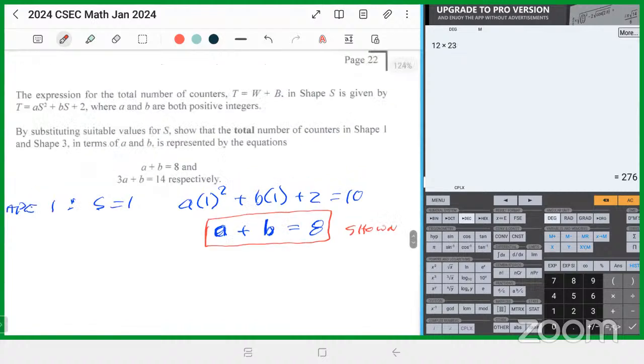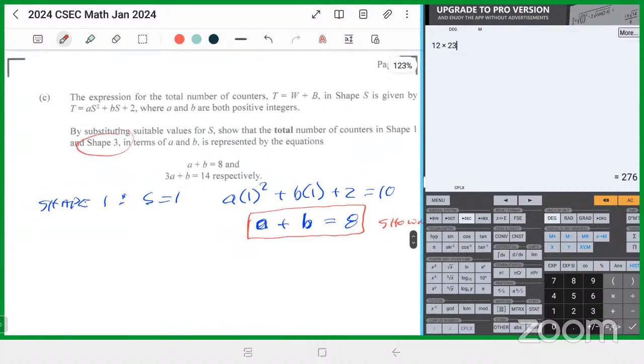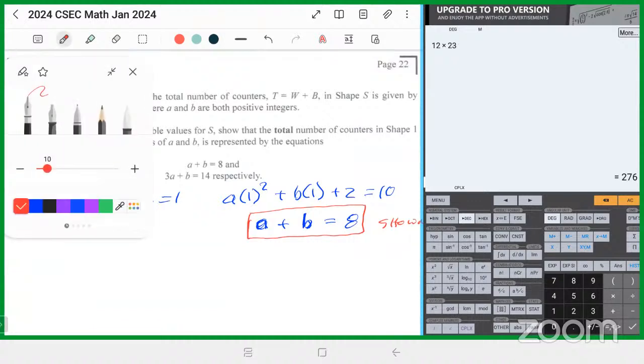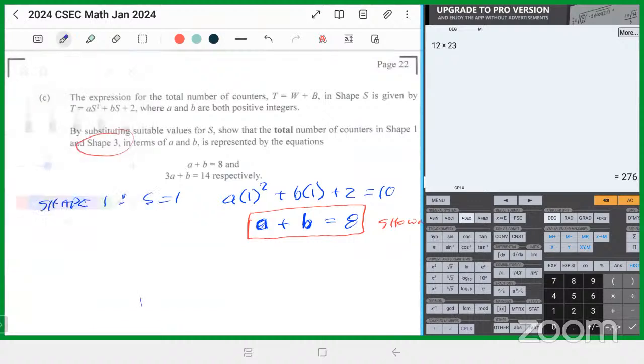And I want to do it for S3, right? Shape 3 is S3. S equals 3. So here we're going to do it for shape 3. In that case, the S is equal to 3. And so we're placing the 3 in the formula for the S. Let's do it.